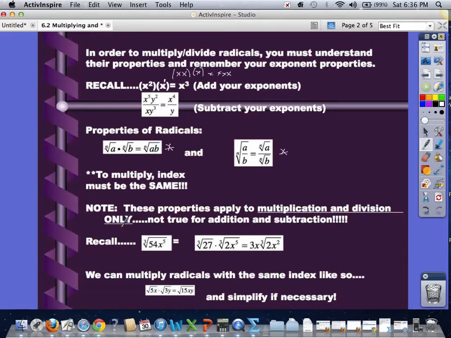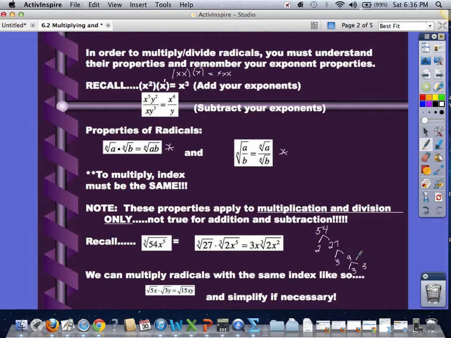So recall, we simplified in the last video the cube root of 54 x to the fifth power. And what you're looking for is a cube root that can come out of this. Or if you need to, you can always make a tree and do your prime factorizations. Well, 2 will go into 54 27 times, and then 3 will go into 27, and then 3 and 3.